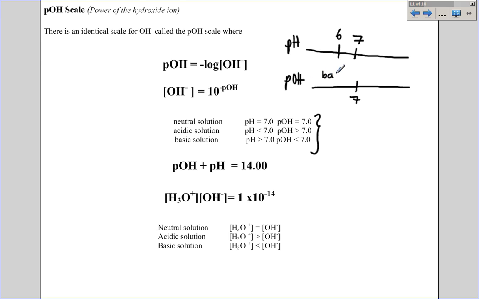So the pOH scale is actually the opposite, in that a lower pOH is going to be a basic solution and a higher pOH is going to be an acid solution. So if we've got a pH of 6, that's slightly acidic by 1 pH unit. So on the pOH scale, you're going to have a value of 8, so that it is slightly acidic.